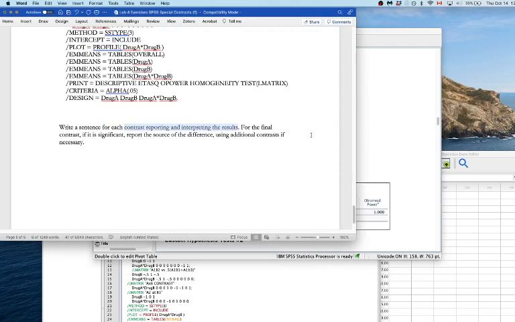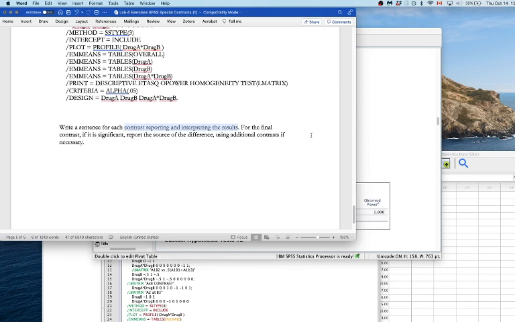Will you be required to show your work? No, again, this is just for you so that you can get some practice writing out stats. The final contrast, so that interaction contrast, if it's significant, you want to report the source of that difference using additional contrasts if necessary, right?